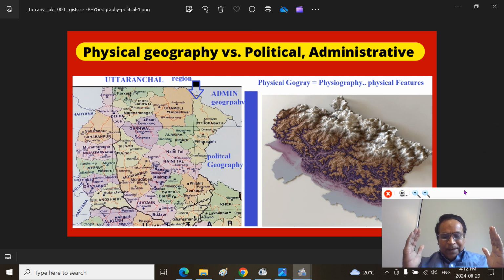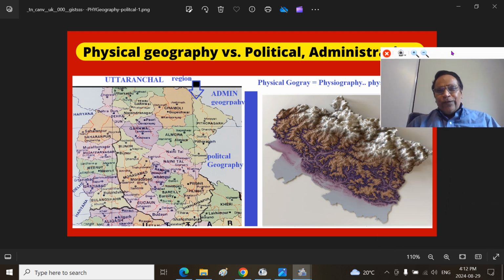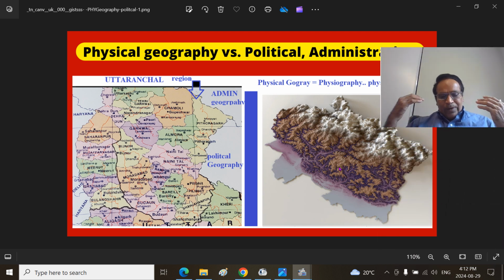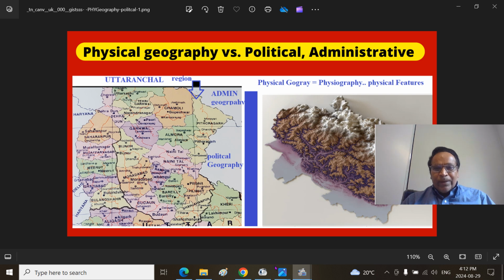Physically, how the terrain looks with respect to the mountains, rivers, water bodies, gorges, and so on. If you know this, you can very easily understand the background of how the society, polity and economy of a particular land are shaped. That will give a broader, deeper idea.